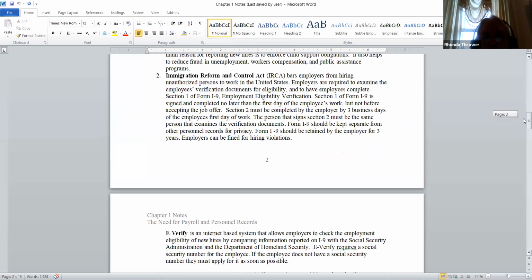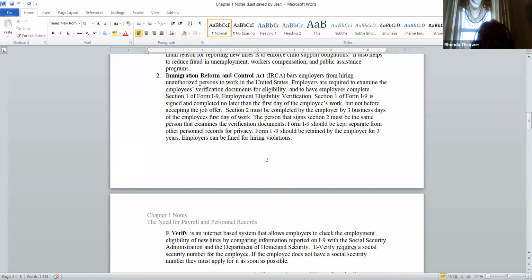Also, as a part of immigration reform and control, there is an internet-based system called E-Verify that will allow employers to check the employment eligibility of new hires.